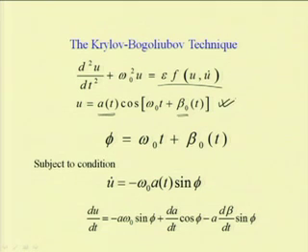So, this equation is similar to that taken in case of the van der Pol equation, but in that case we have taken a 1 t and a 2 t, and in this case we are taking a and beta. So, a is the amplitude and beta is the phase.